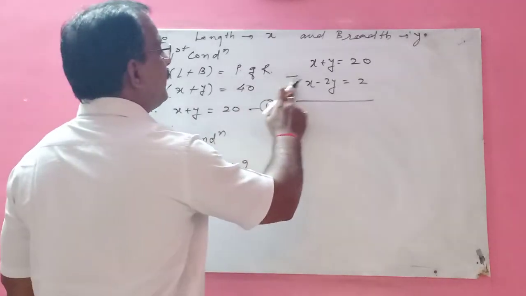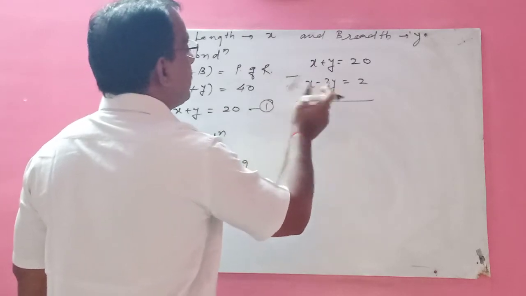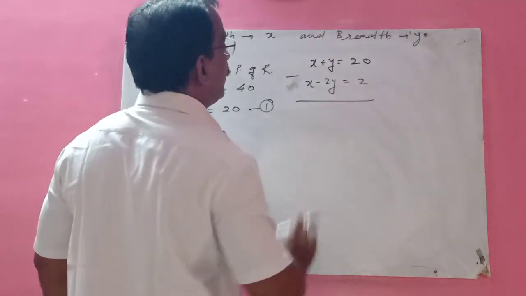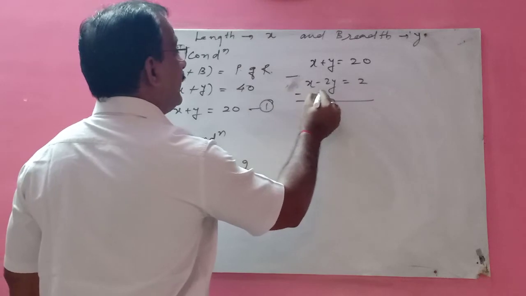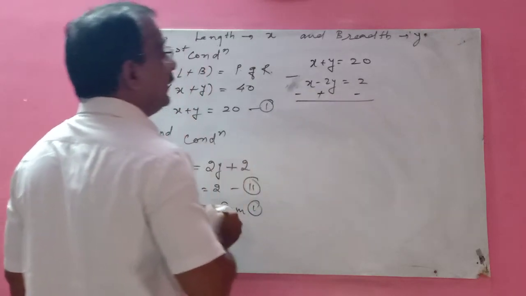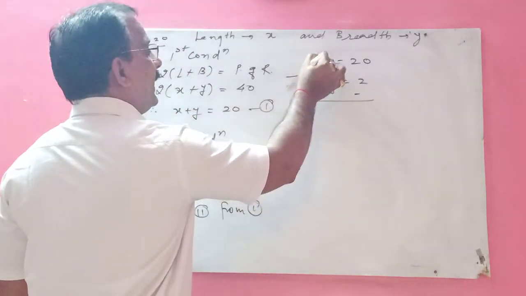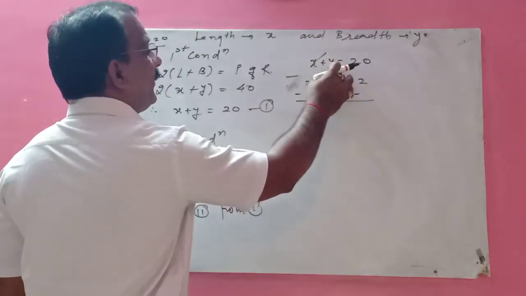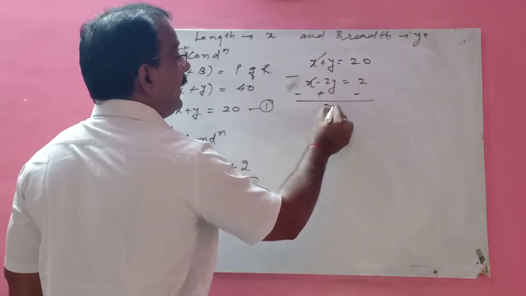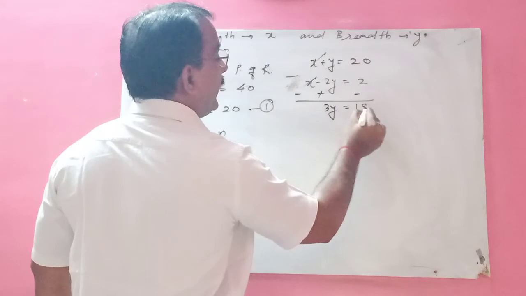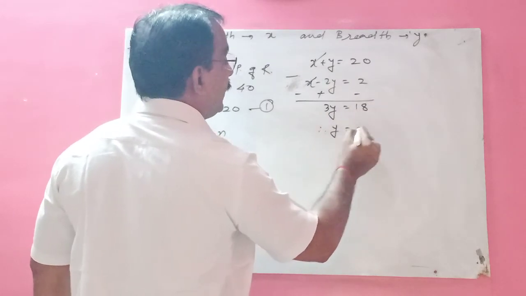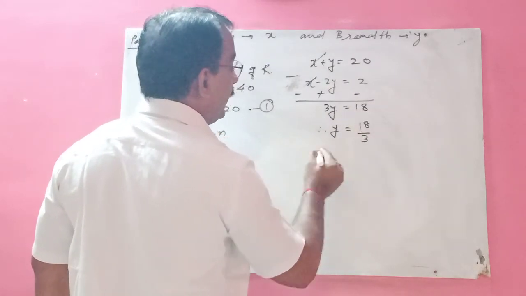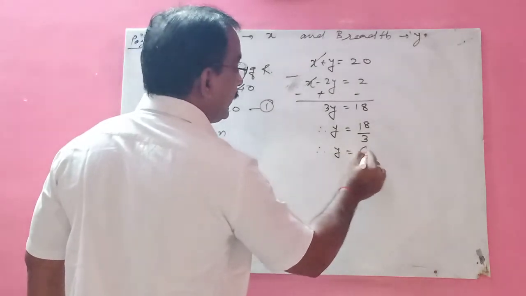So x minus x cancels, y plus 2y is 3y, and this equals 18. Therefore y equals 18 upon 3, so y equals 6.